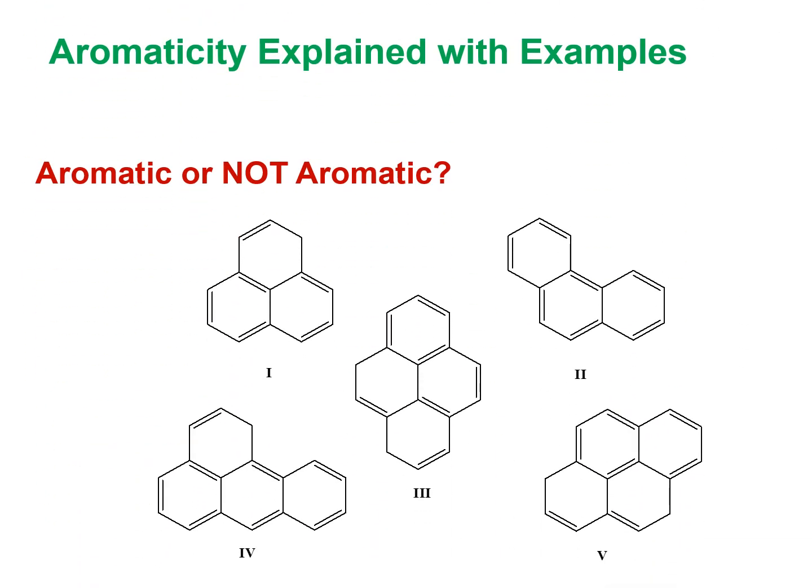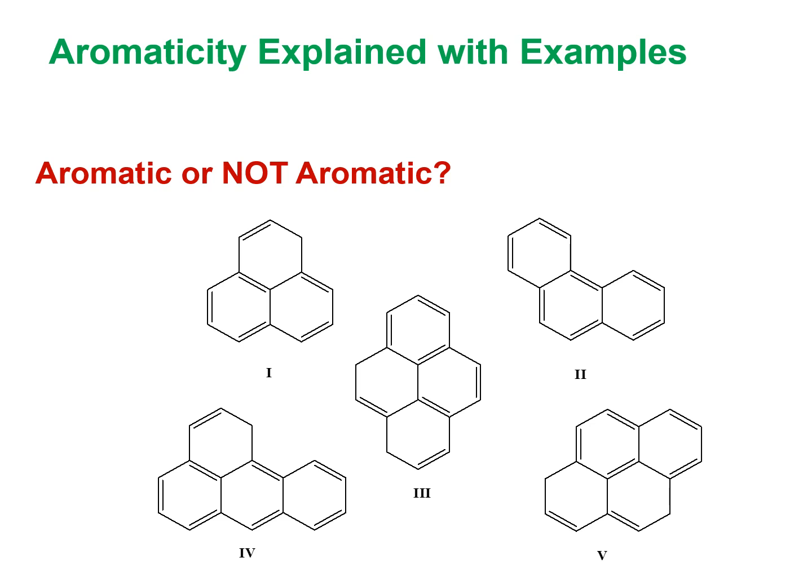For the compounds on this slide, you realize that structure 1 is not aromatic because the first ring has an isolated section where there are 2 single bonds that are not conjugated. Second, the compound shows consistent conjugation, confirming that it is aromatic.